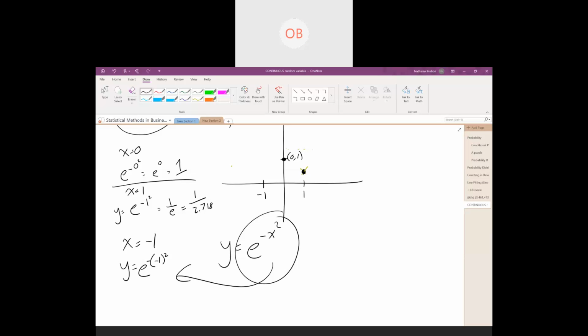This minus here is that minus, and this -1 is that -1. Okay. What's -1 squared? 1. Great. So this is equal to e to the -1, with the same minus here. What is e to the -1? 1 over e.